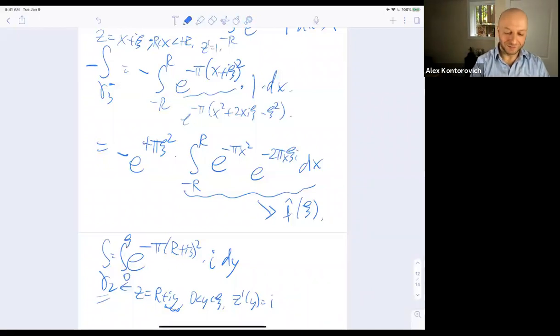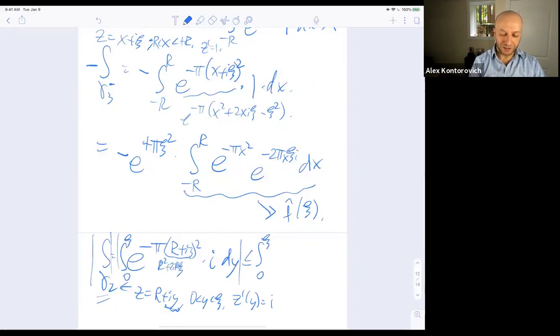Now let's bound this. I'll bring the absolute values inside. We have to open this up, so here we get an R squared plus 2iRy, exactly as we got before, minus y squared. So I get an e to the pi y squared, and then an e to the minus pi R squared, and then something of absolute value 1, and then i, which also has absolute value 1, dy.